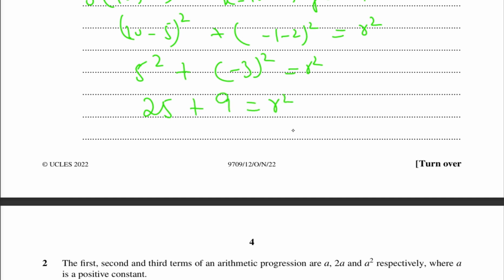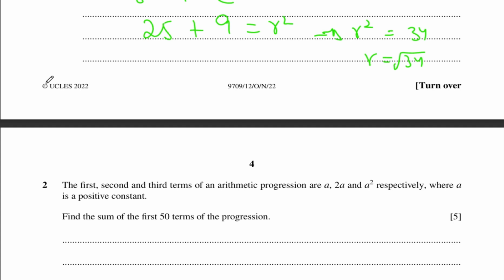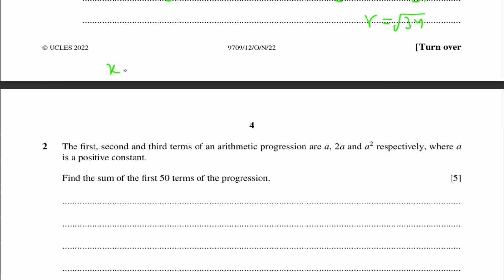So r square equals 34, r equals square root of 34. So the equation of the circle will become (x minus 5) square plus (y minus 2) square equal to 34. That will be the equation of the circle.